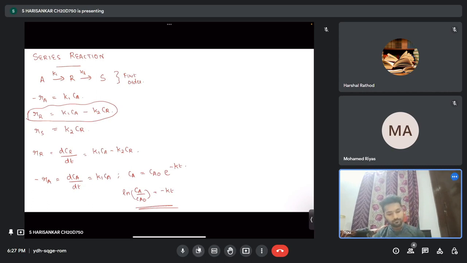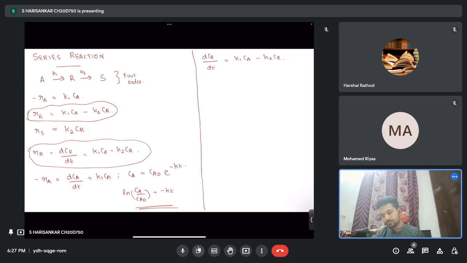So it's a huge integration here. Basically what we have to do is integrate this equation, dCr by dt is equal to K1 Ca minus K2 Cr, and we can substitute Ca as Ca0 into e raised to minus kt.